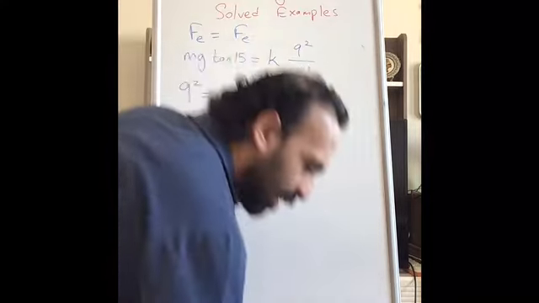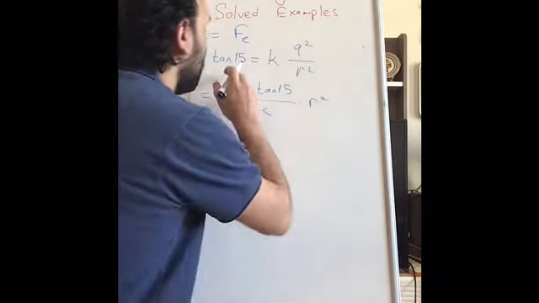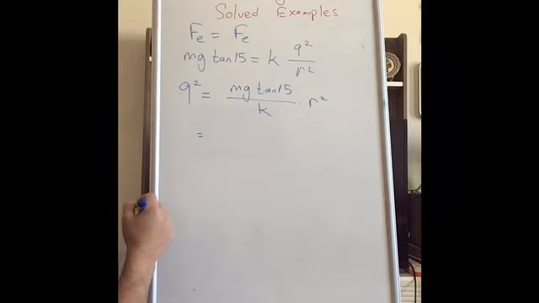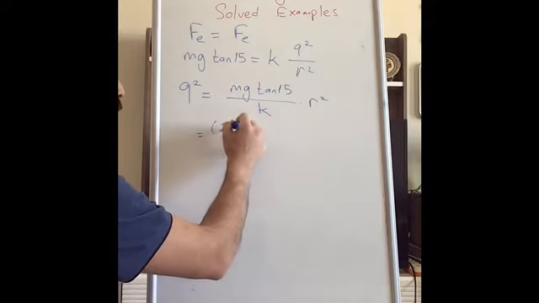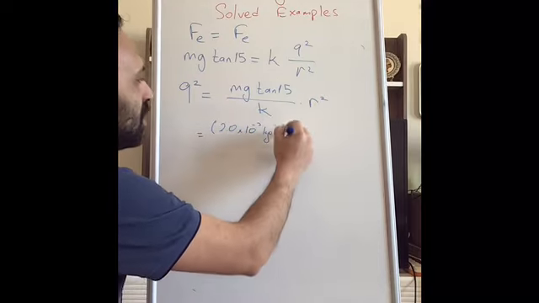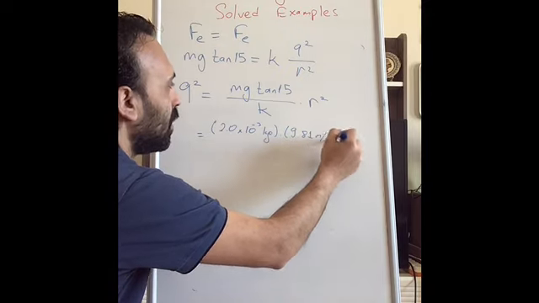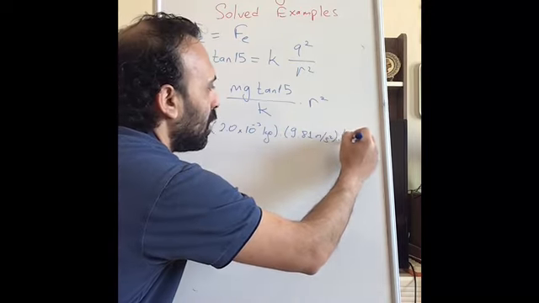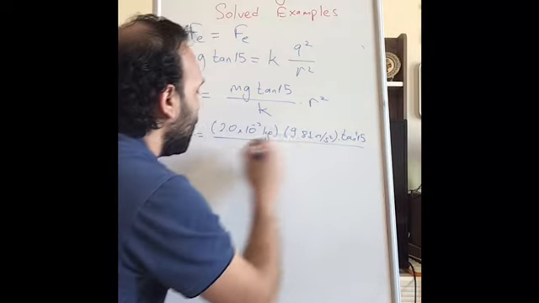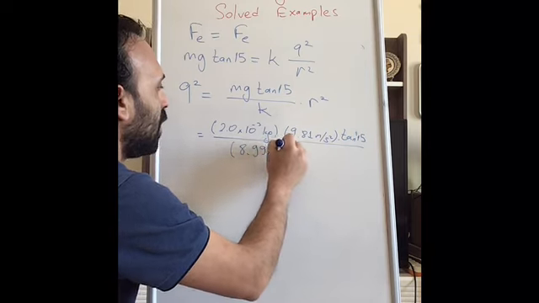And if I plug the numbers here, the q squared, if you put like 2 grams, or let me just try to write, m was 2 grams, but we need to convert it to the kilogram, and g is 9.81 meter per second squared, and tangent 15 over k is equal 8.99 times 10 to 9th.